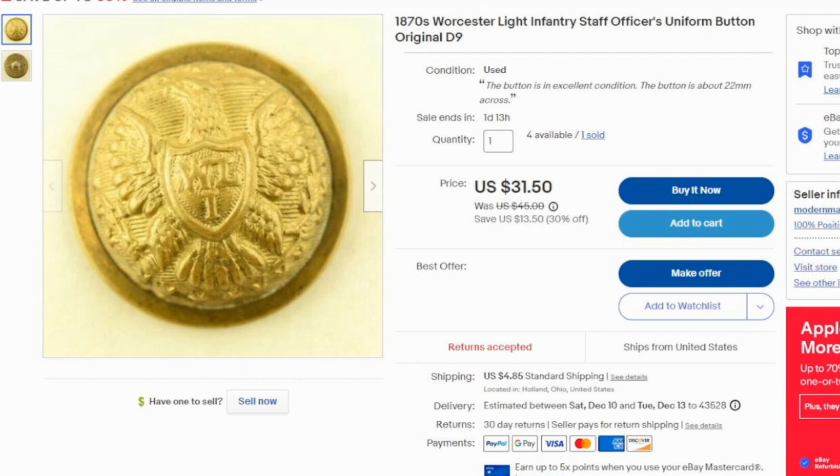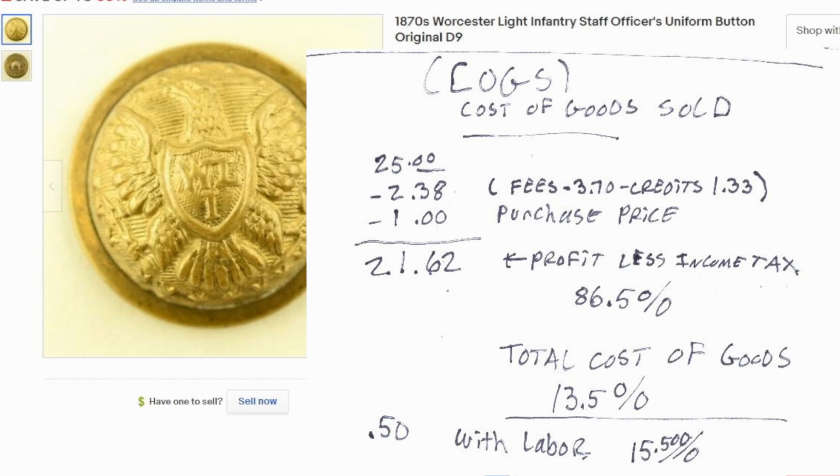Now let's say you want to figure out the total cost of that item, the total cost, your expenses and everything else. So the cost of goods sold, you've got the $25 that the item sold for. We're just going to deduct the standardized $2.38 total eBay fees. Again, that's because I can deduct that $1.33 from there, and it brings it down from the $3.70 to $2.38.